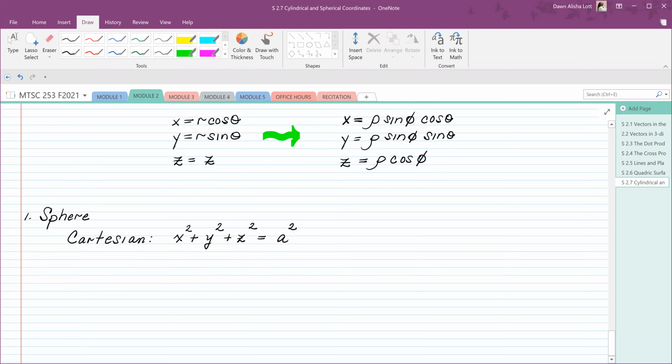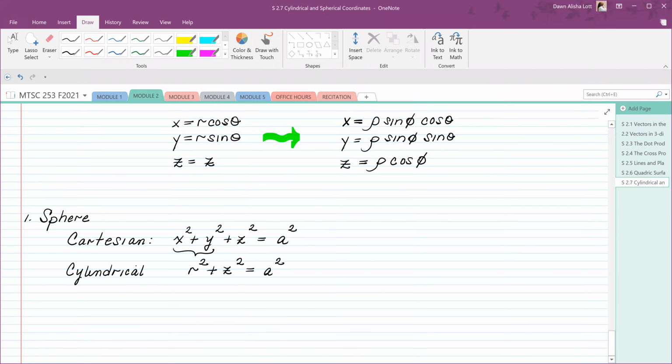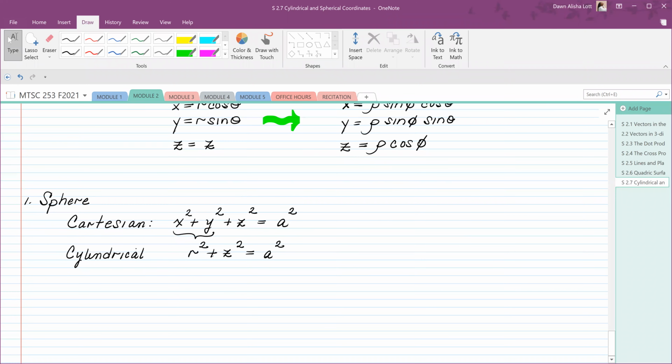And then in cylindrical coordinates, we replaced x squared and y squared with r squared, and we got r squared plus z squared is equal to a squared. Well, what's r squared? So now let's go down to spherical.